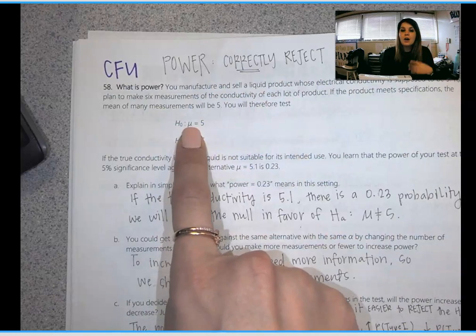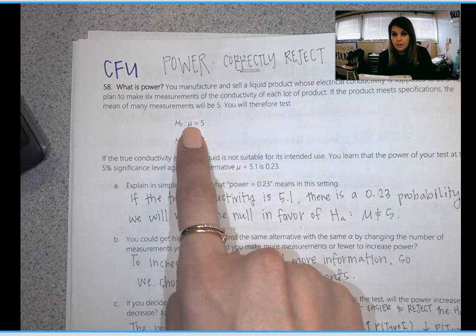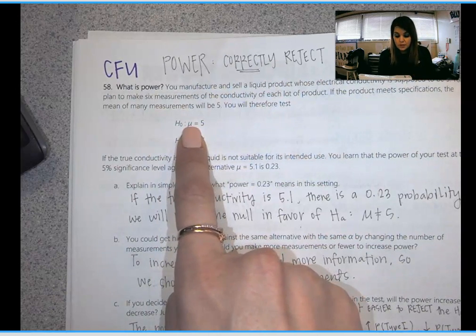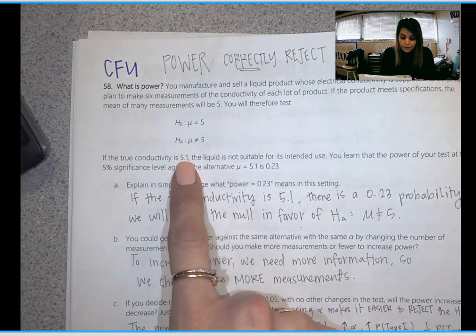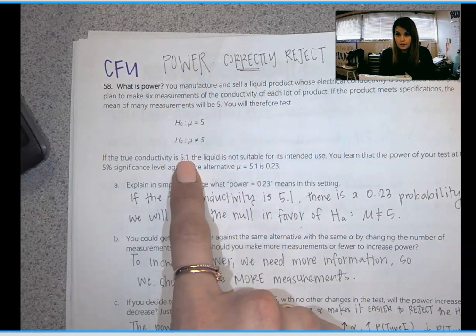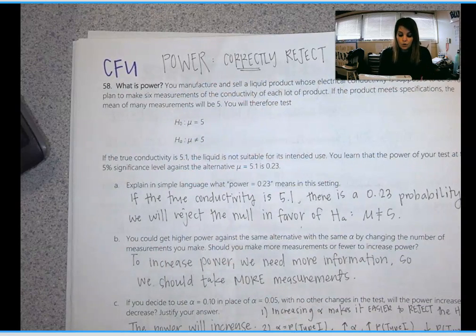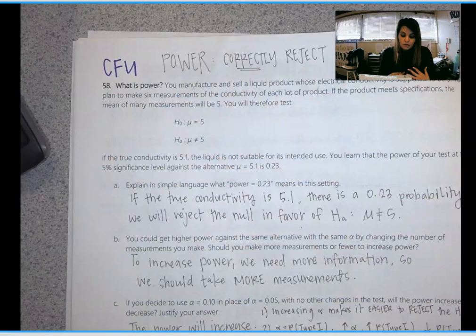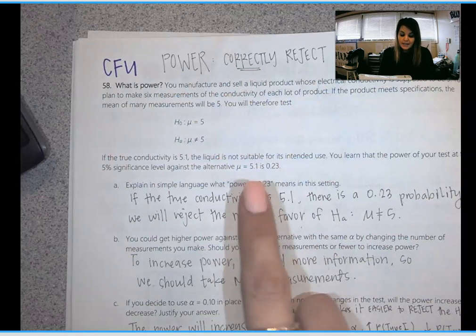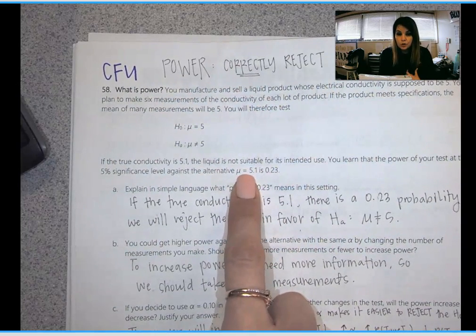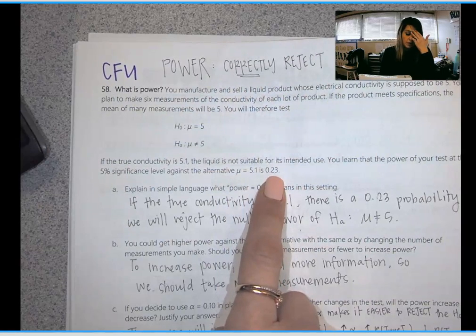If we're manufacturing correctly, our mu is 5. If it's 5.1, then we can't use the liquid. So they're saying that the power of your test, if the true mu is really 5.1, is 0.23.